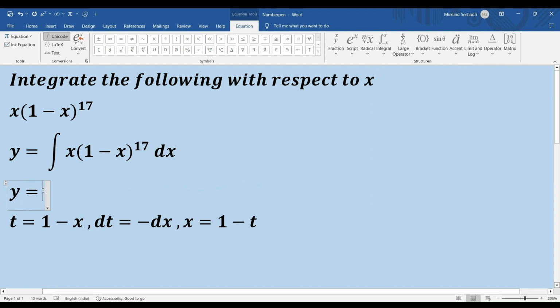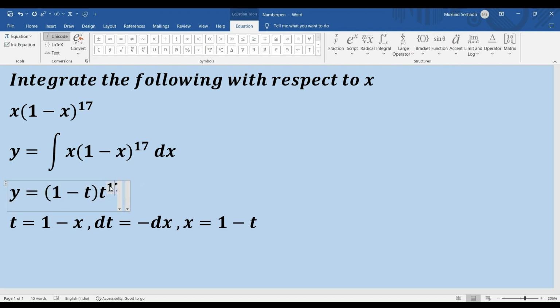My first term in y is x, so I write it as (1 minus t). And then I have (1 minus x) the whole power 17, which is the substitution that we made, which becomes t to the power 17, right? And then I have a dx. And if you notice our earlier working, we have worked out that my dt equals minus dx.